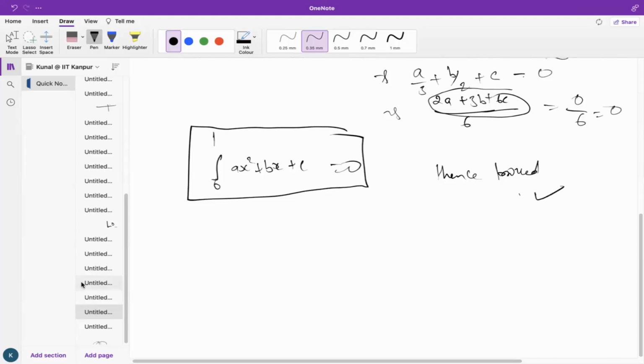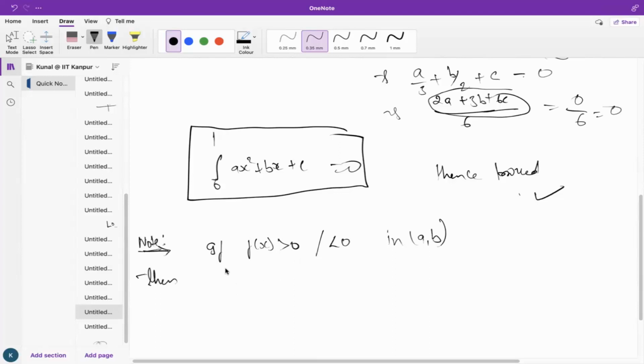Now let's move on to the next thing. If f(x) is positive or negative in a to b, then this has to be noted.